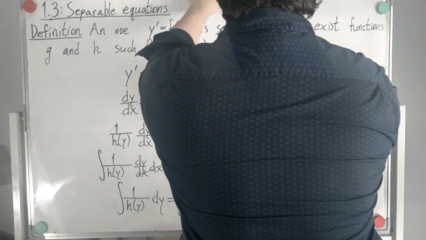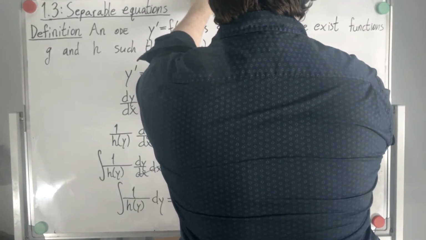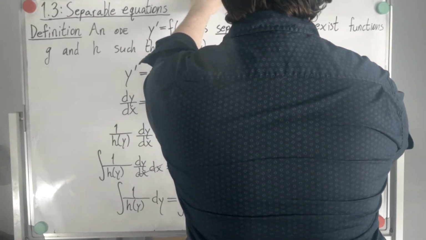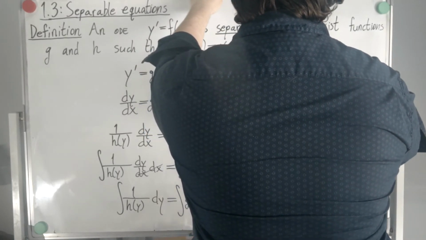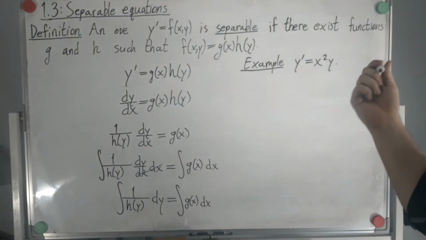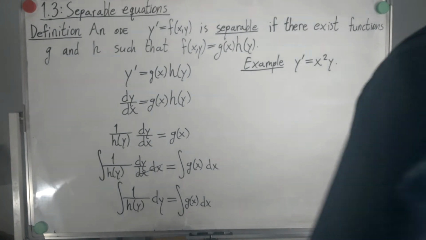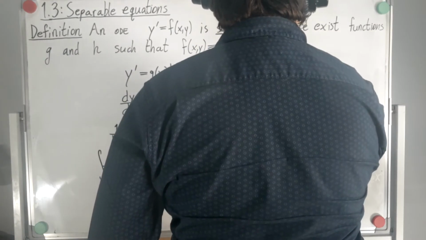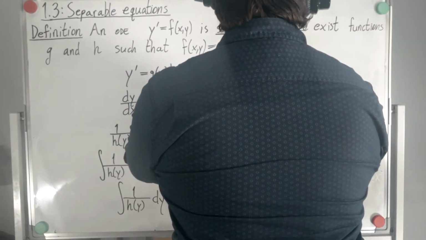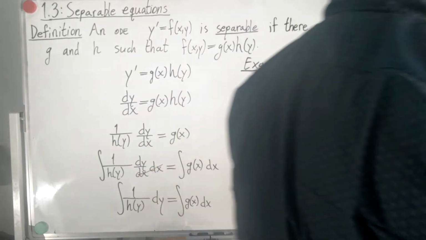So let's do an example. y prime equals x squared times y. We're going to try to find the general solution of this thing. All right, well, first of all, let's write it in Leibniz notation. So dy dx equals x squared times y.